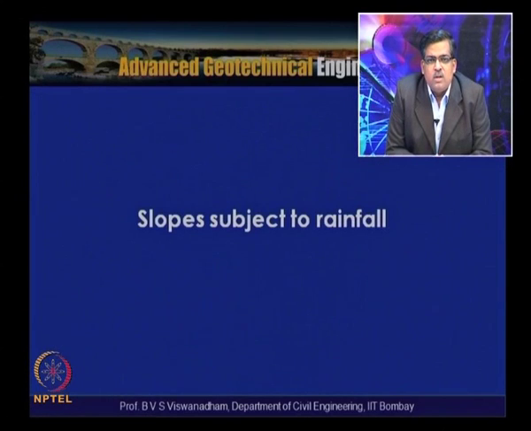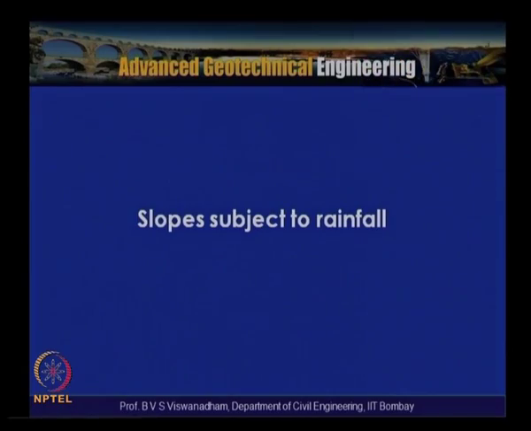So, after having discussed this particular issue of rapid drawdown condition and method, what will happen when slopes, which can be natural slopes or man-made slopes, or some conventional retaining walls, are subjected to rainfall storms?